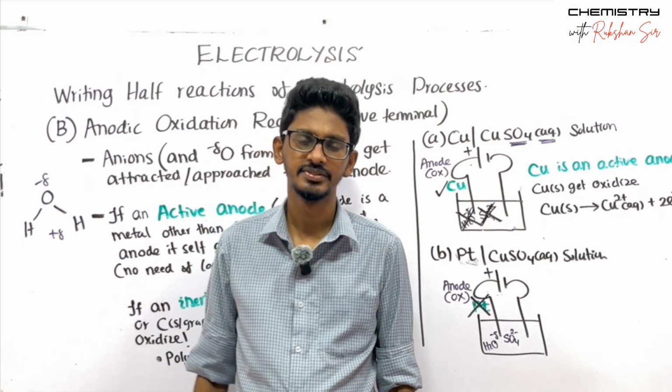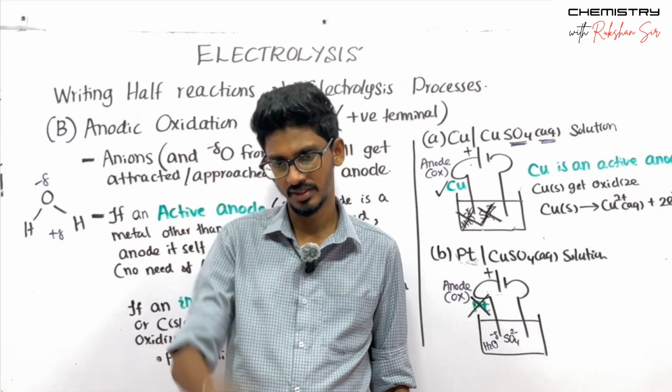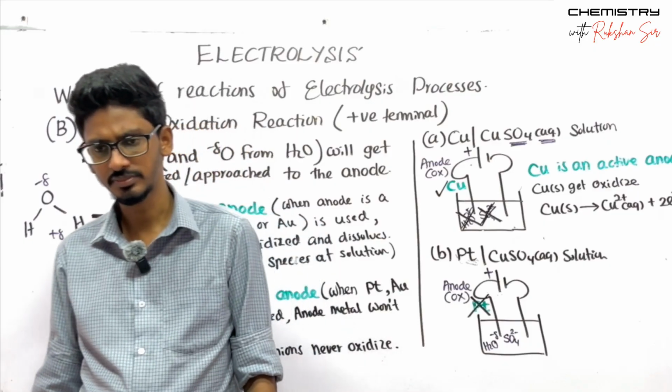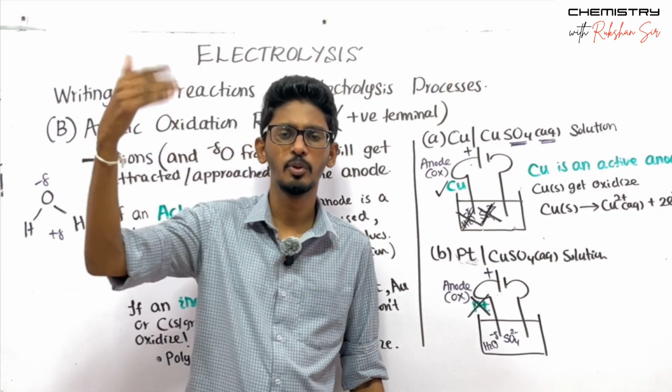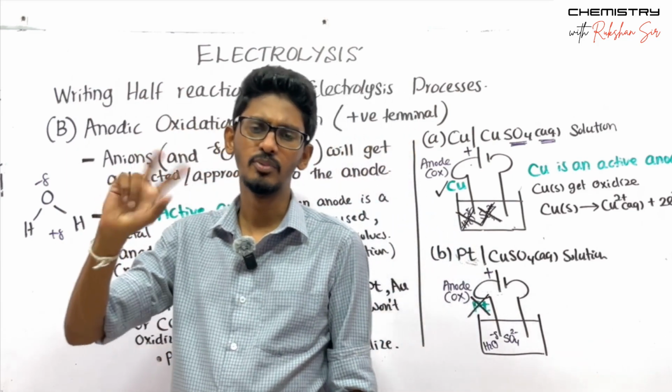Bidentate ligands: remember, when 2 lone pairs are involved, they are bidentate. But with more than 2, those are polydentate. The prefix poly is used when you have more than 2.